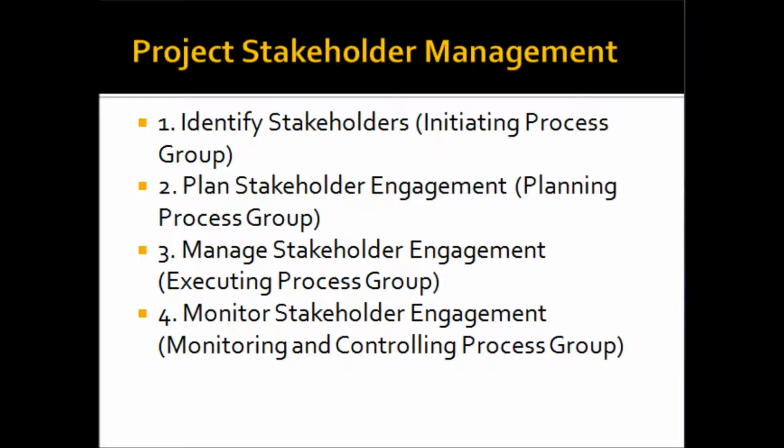Then we manage stakeholder engagement, now resolving various issues that pertain to the stakeholders. Then we monitor stakeholder engagement. We want to ensure that the issues, the requirements, and any other thing that affects stakeholders are being taken care of, and that their requirements are being met, and that their issues also are being resolved.